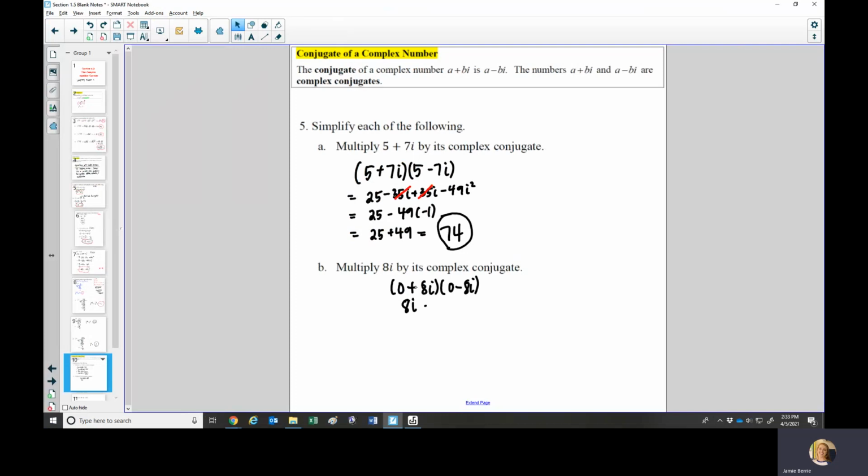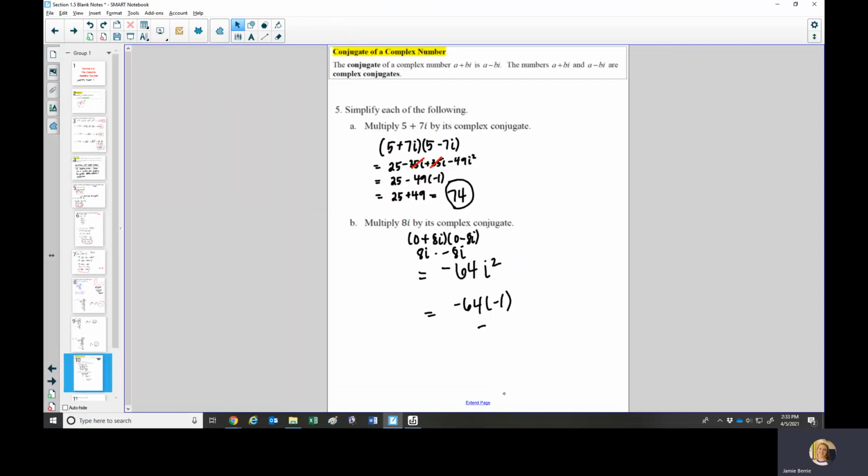I'm just going to write it on the page like this for right now. So 8i times negative 8i: a positive times a negative is going to be negative 64i squared. We know that i squared is equal to negative 1, so that's negative 64 times negative 1, which is positive 64.